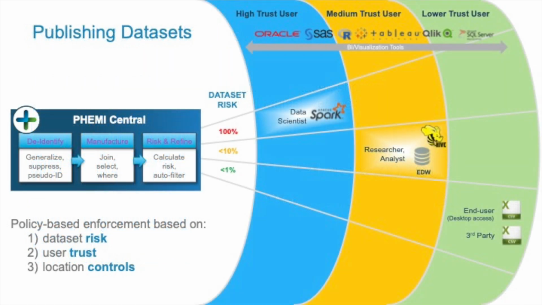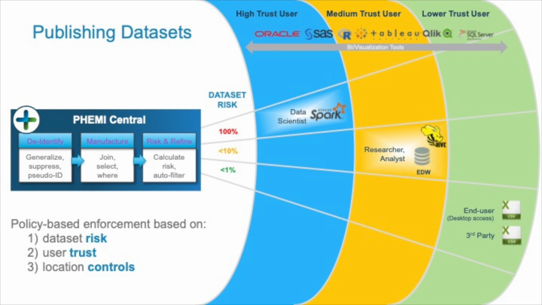The PHEMI system, for example, de-identifies the data, and then we calculate the risk of re-identification based on 3 different attributes. The dataset sensitivity. For instance, a dataset containing weather patterns is considerably lower risk than a dataset containing income levels. A user trust, for instance. A user who is a vice president or a business analyst may be lower risk than a partner or a summer intern.